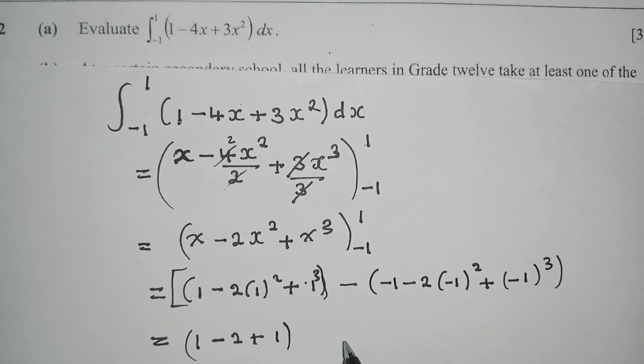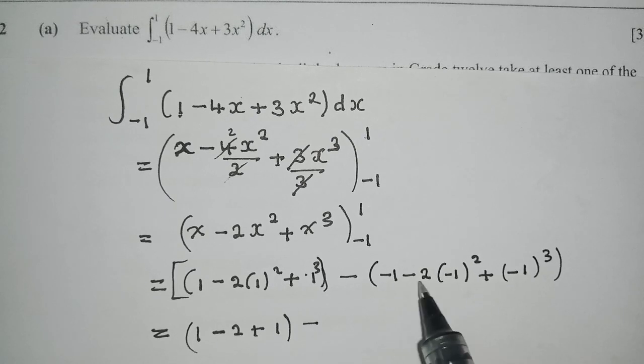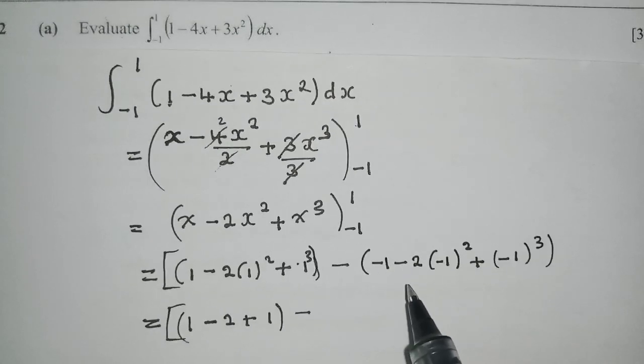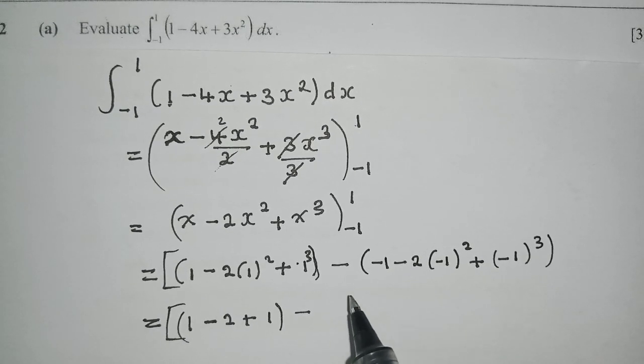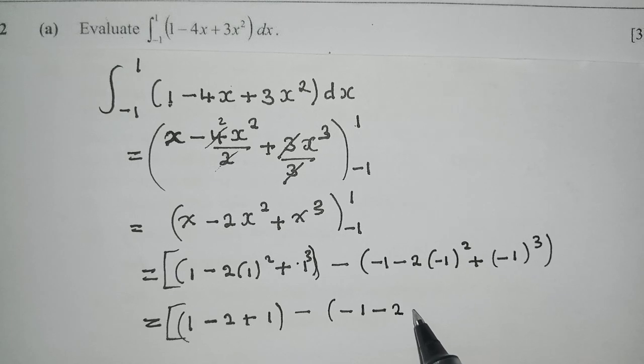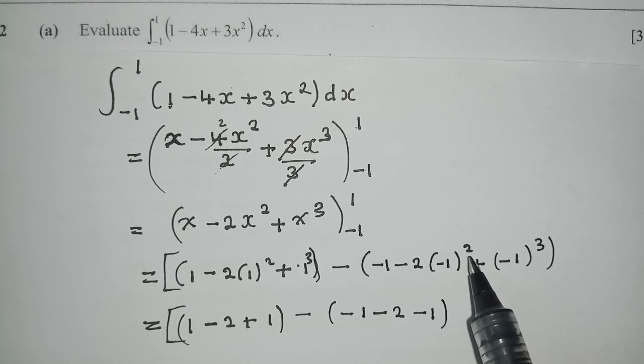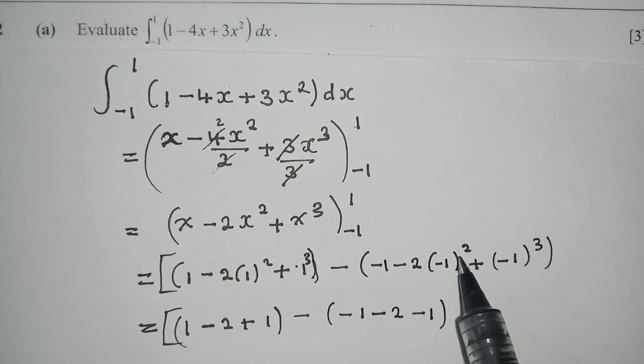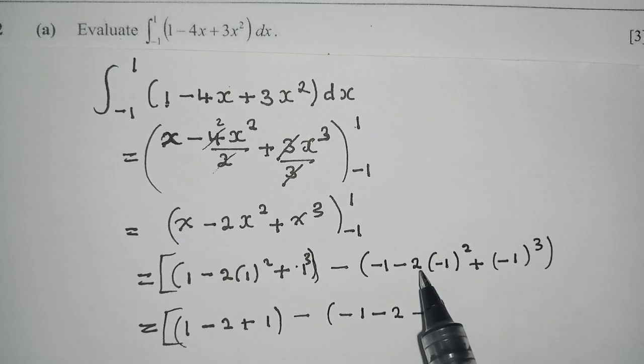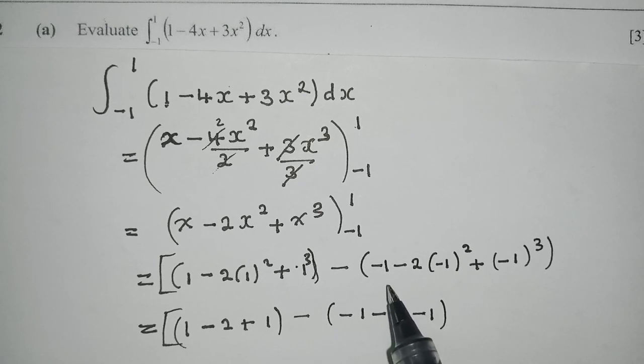So here it's what we have here minus what we have right here. So here it is negative 1 minus 2 minus 1. Because negative 1 squared is positive 1, so 1 times negative 2, it's negative 2.